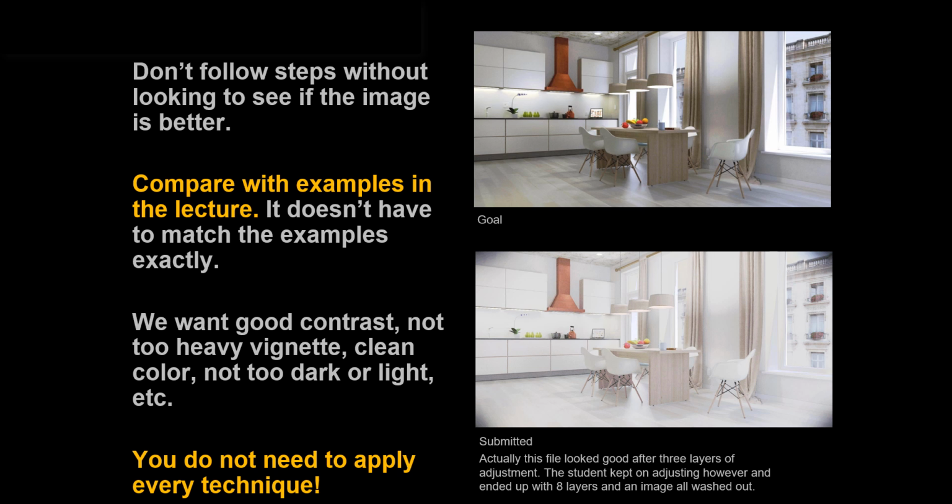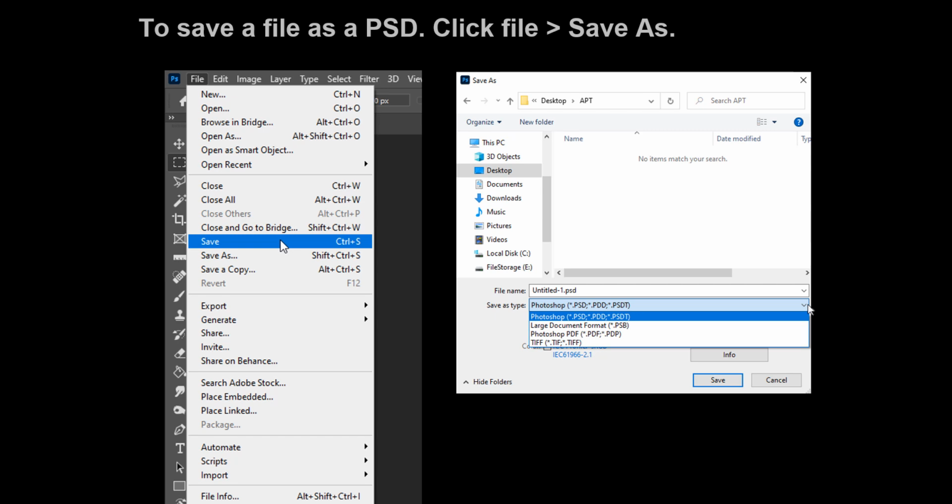It just became overly bright and not a better picture. This one here was done primarily with just three layers. So you don't have to apply every technique. You don't have to do everything. You just have to do enough to get a good view. And then when you're done, save this particular file as a PSD file, that's the Photoshop file.